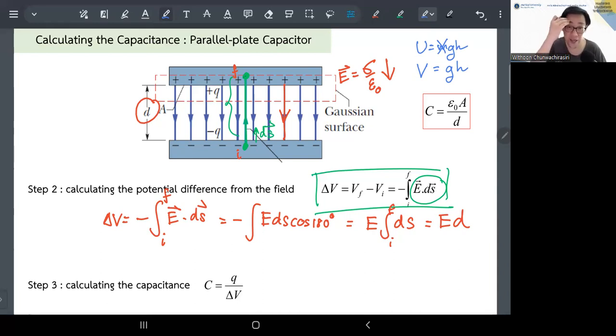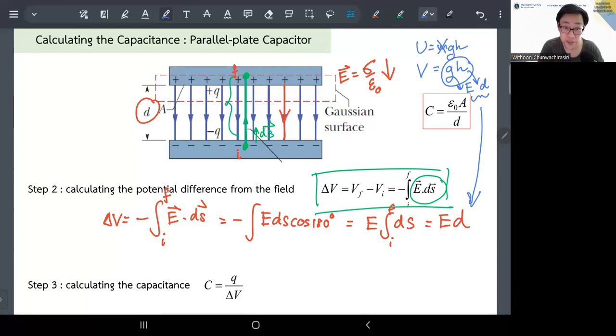If you think of V for mass, it's energy per unit mass, so it's gh. g is like E, h is like d, so there's no doubt the formula looks exactly like this. Gravity points down, E points down, and you want to go from the initial point to the higher point. What is the potential difference? It's mgh or QEd, but then you take Q to be 1.